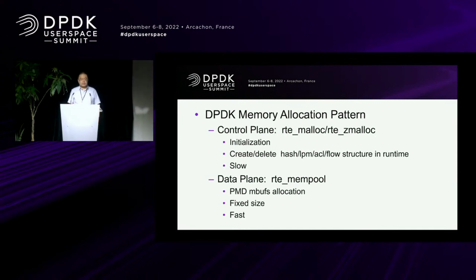So traditionally, DPDK memory allocation patterns fall into two different categories. One is for the control plane, another one is for the data plane. For the control plane, we have rte_malloc and rte_zmalloc, etc. APIs to deal with that. Most of them are used during initialization, right?